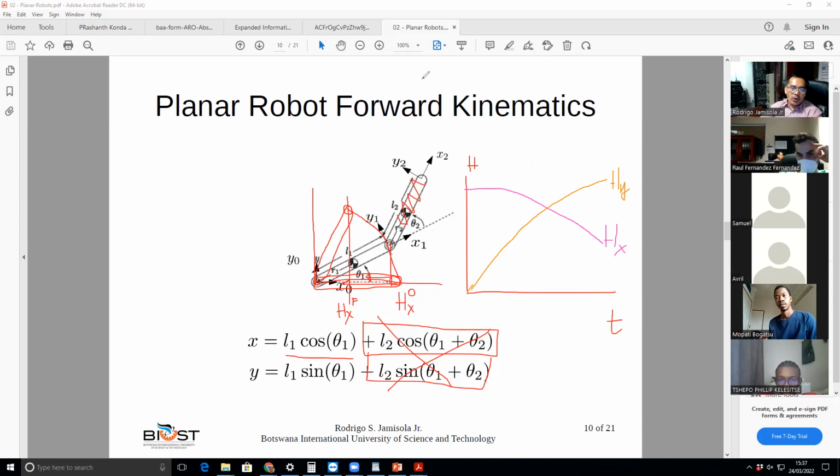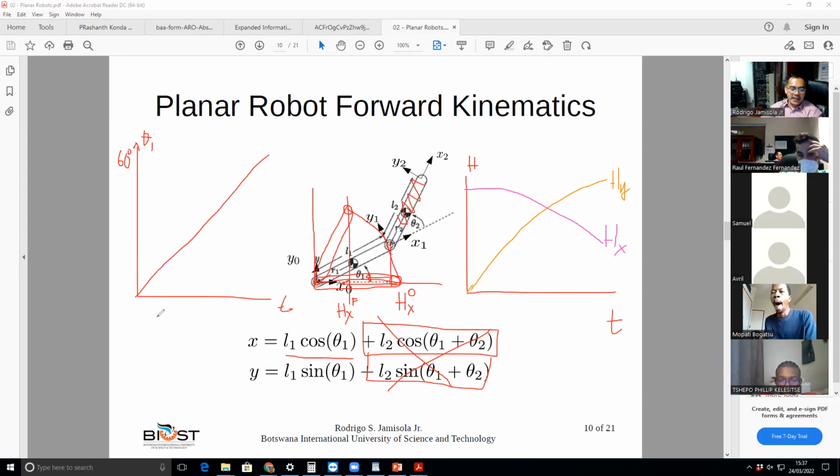As you're changing your angle with respect to time, in this case theta 1. So with time, as theta 1 increases linearly from 0 to, I think, 60 degrees, then the plot of your hx and hy is like that.